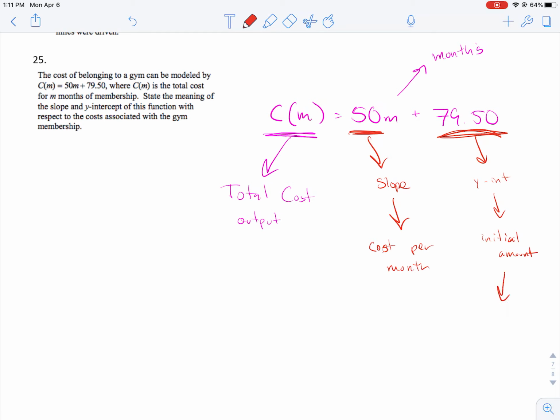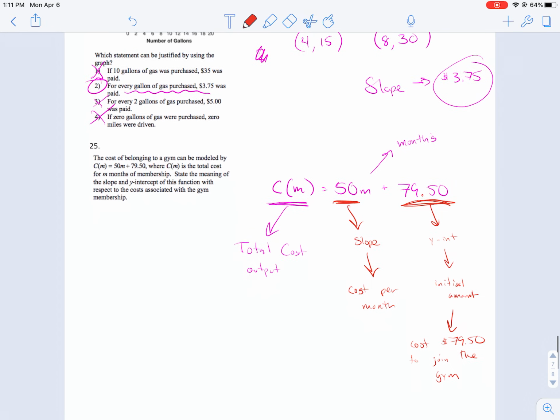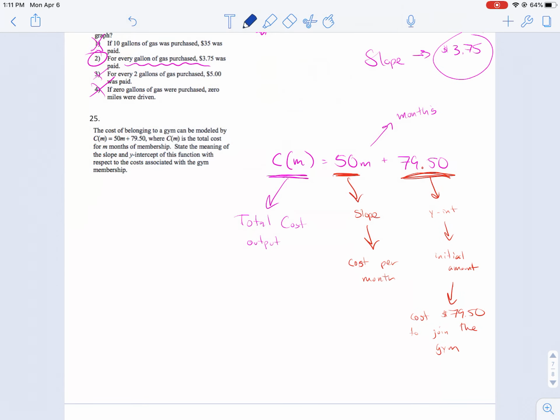Our y-intercept is our initial amount, which means it costs $79.50 to join the gym, and then for each additional month, you have to pay an extra $50. So that is what all that stuff means there.